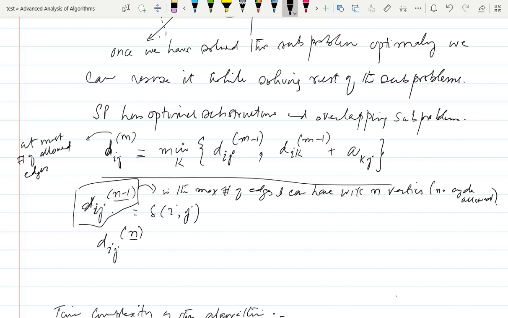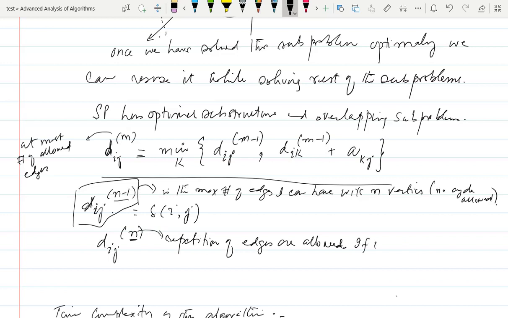So if we allow n, that means there are two possibilities. When we say Dijn, that means repetition of edges are allowed, and remember that n minus 1 is the unique number of edges between i to j, and they are the maximum number. So if we go towards n, that means repetition is allowed.